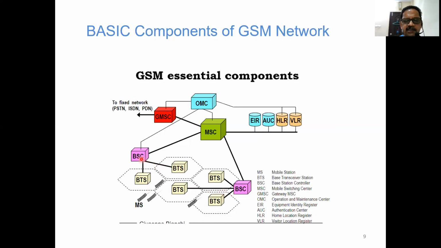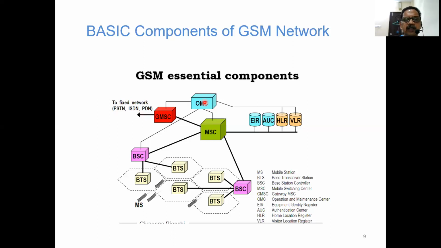These BSCs are connected to the MSC, Mobile Switching Center. Then the MSC is further connected to the GMSC. Why is the GMSC required? To connect to the PSTN, that is Public Switched Telephone Network or landline, the ISDN network, Integrated Services Digital Network, and the Packet Data Network, PDN.